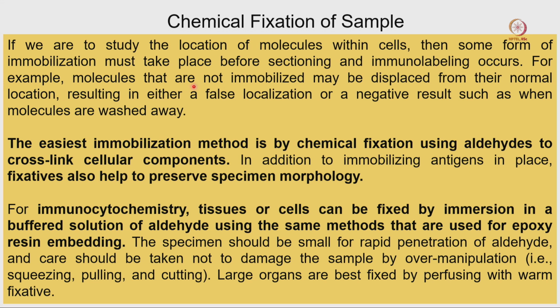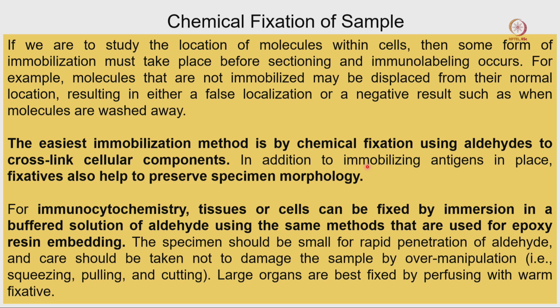For example, molecules that are not immobilized may be displaced from their normal location, resulting in either a false localization or a negative result, such as when molecules are washed away. The easiest immobilization method is chemical fixation using aldehydes to cross-link cellular components.